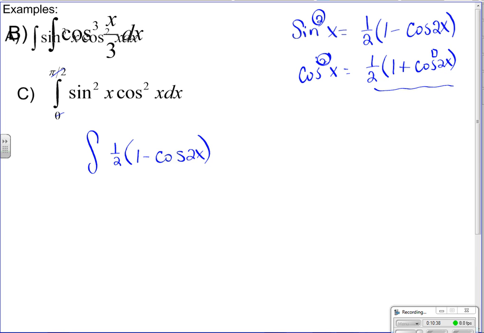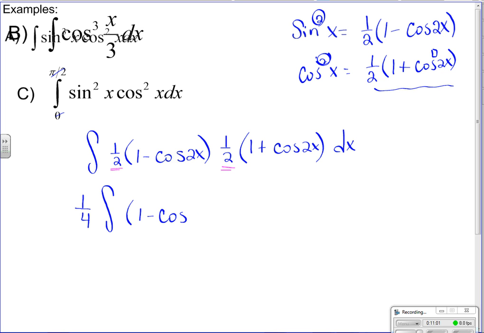Cosine squared can be replaced with a 1/2 of 1 plus cosine 2x dx. If I take my 1/2 times my 1/2, I end up with a 1/4. So let's pull that forward in front of the integral. And that leaves me with a 1 minus cosine 2x and a 1 plus cosine 2x dx.